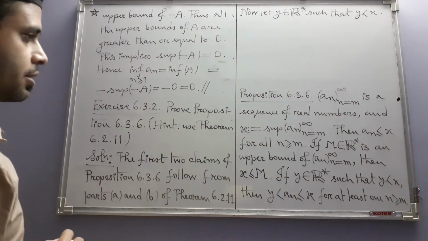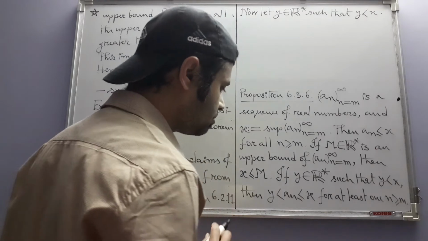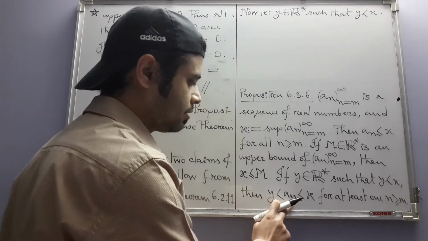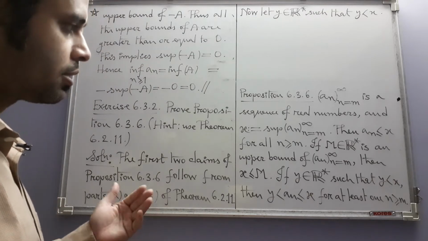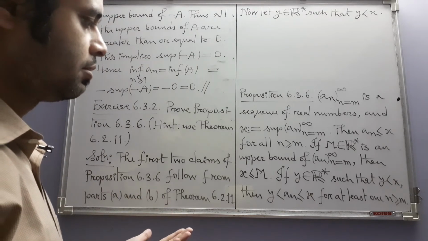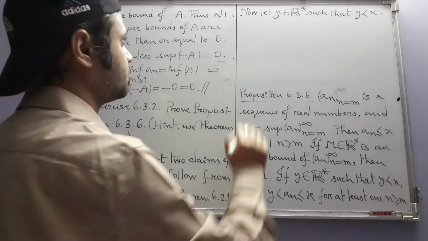That y is less than x, we need to prove that y is less than at least one element in the sequence. To the contrary, suppose that is not the case.